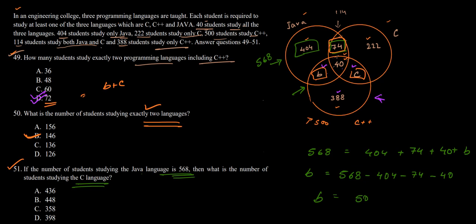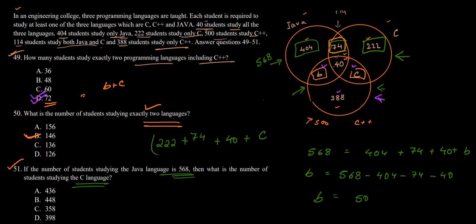So here we know B. Now we need to find the number of students studying the language C. So we need to find the total number of students in this circle. From this we can see that we have the number of students studying only C, which is 222, plus the number of students studying Java and C, which is 74, but not C++, plus 40 students studying all three languages, plus C, which is the number of students studying C and C++.